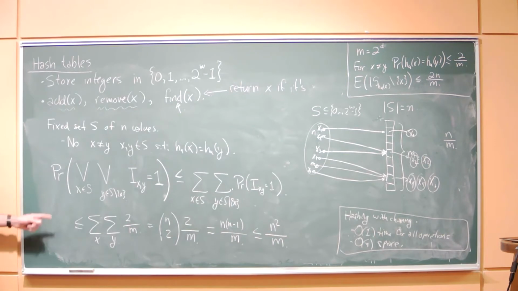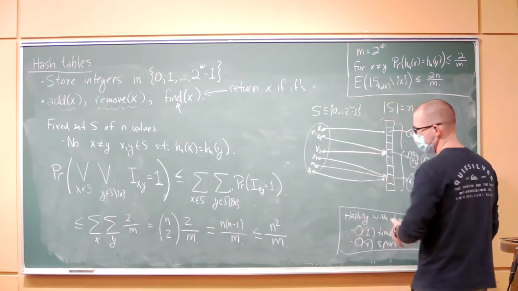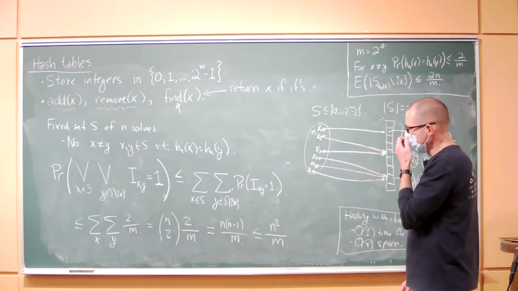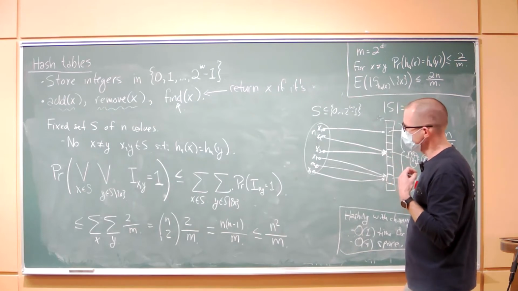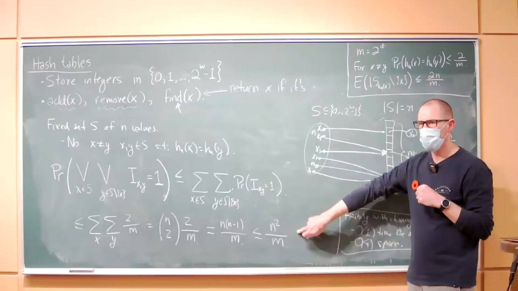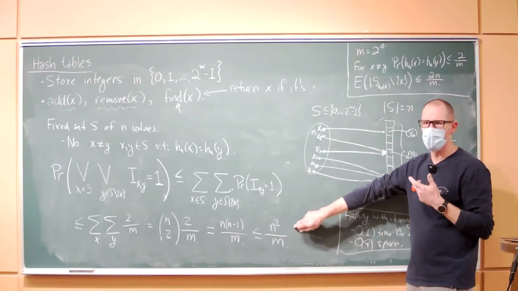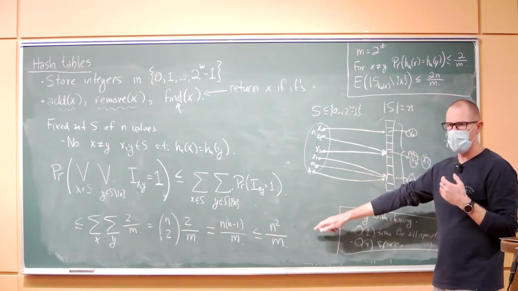Okay, so I have this crazy bound that says, if I shove all these n elements into this hash table, then the probability that I have a pair that collide is at most this thing, which seems crazy, right? This is much bigger than 1 typically, but this is true for any n and m.